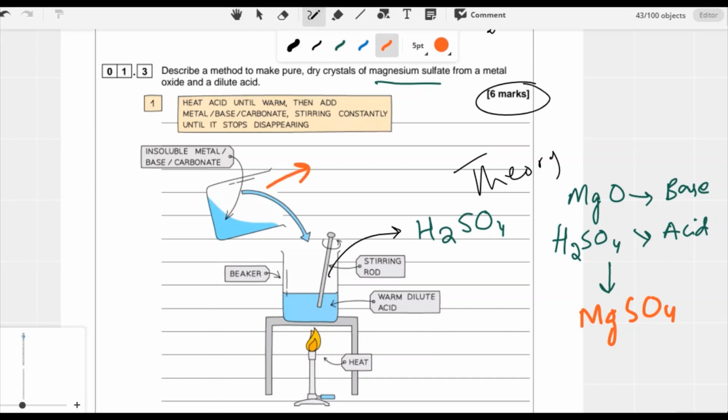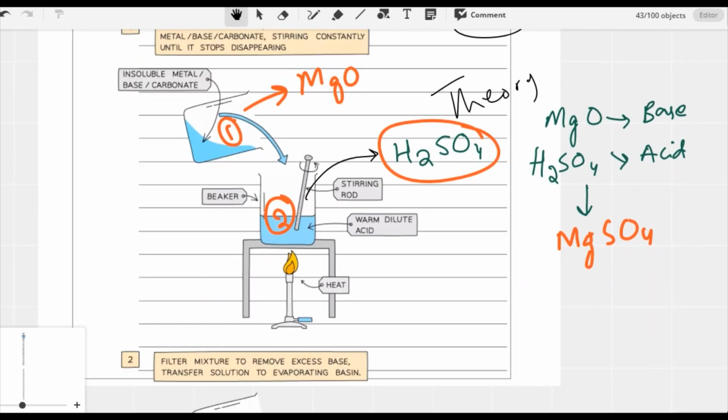Here we need to use magnesium oxide in the first beaker, while in the second beaker we need sulfuric acid. So the first step is to warm the dilute acid and stir it.